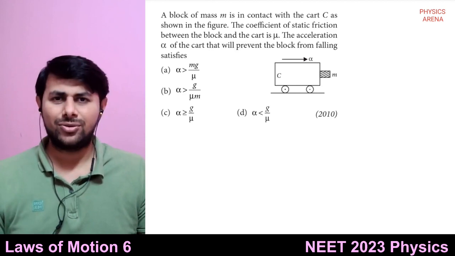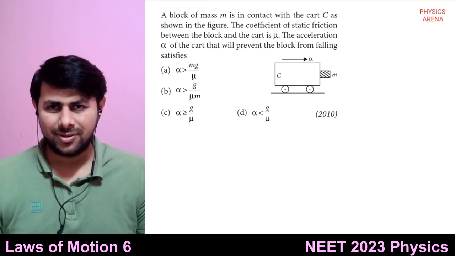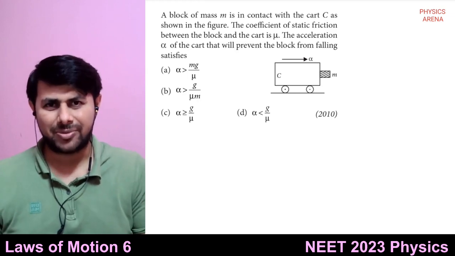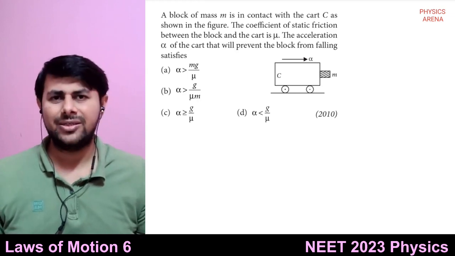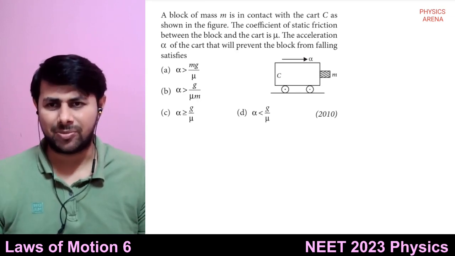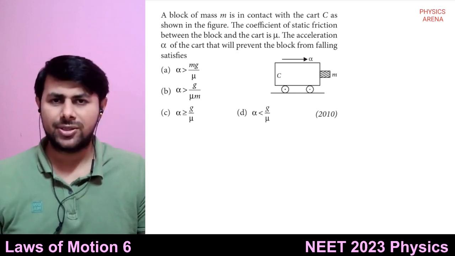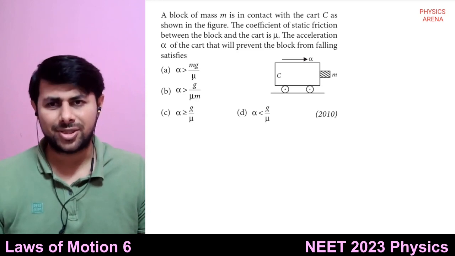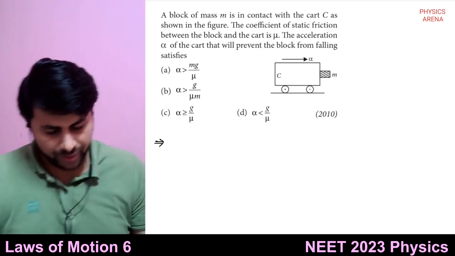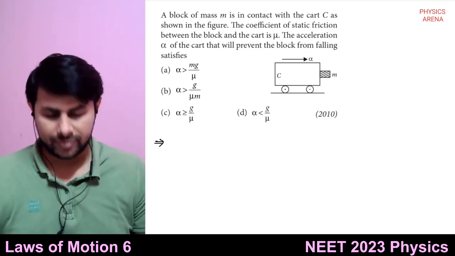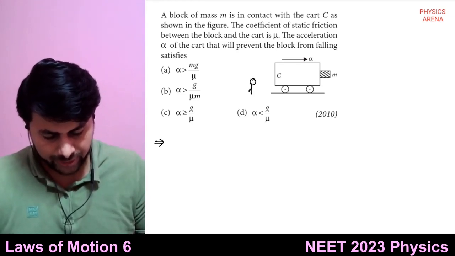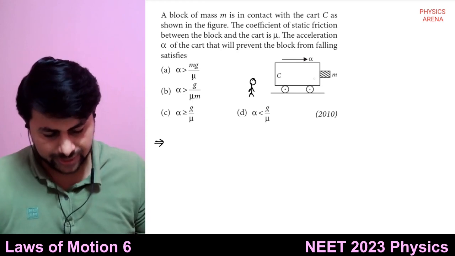There are two ways of solving this problem. One is considering the non-inertial frame of reference and another is considering the inertial frame of reference. We'll use the inertial frame of reference first and at the end I will tell you about the non-inertial frame of reference. Our observer is outside, looking towards the system.